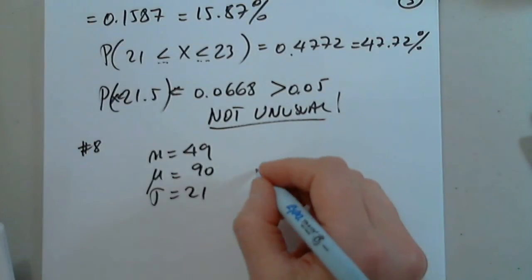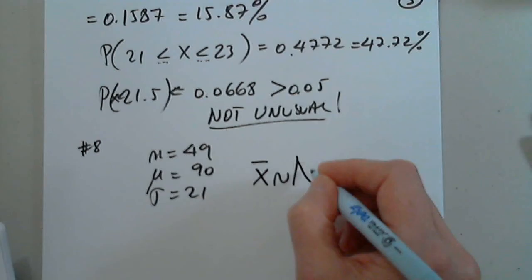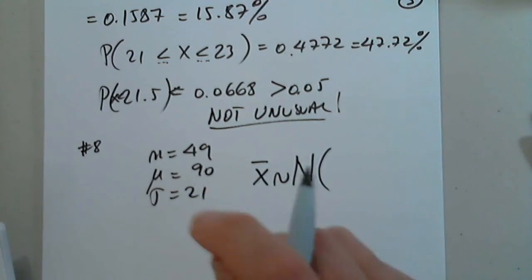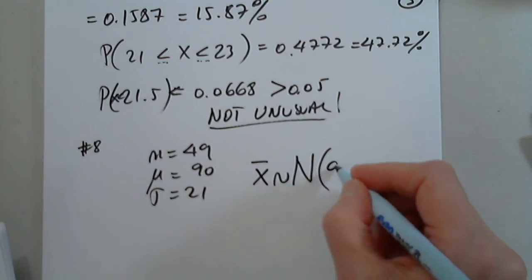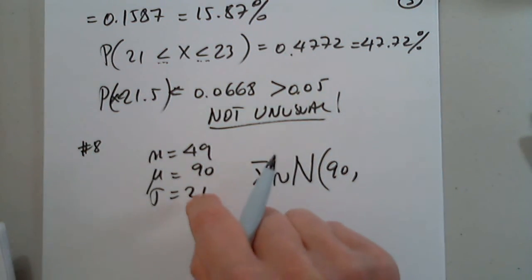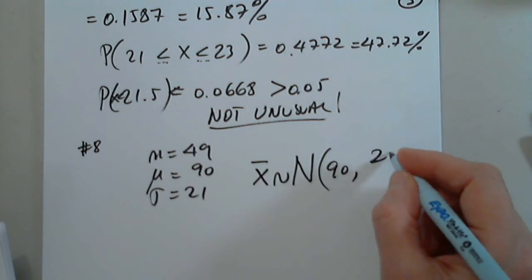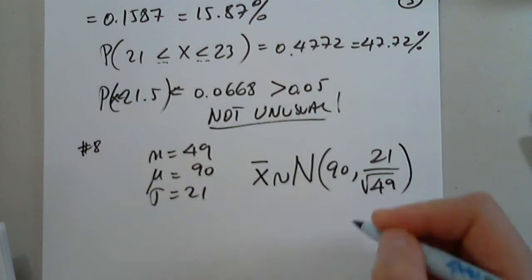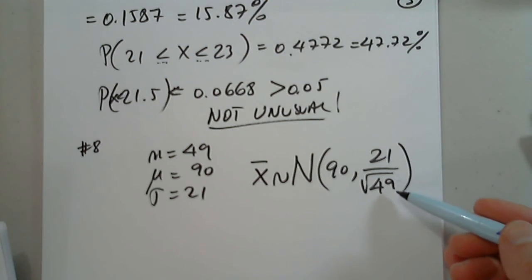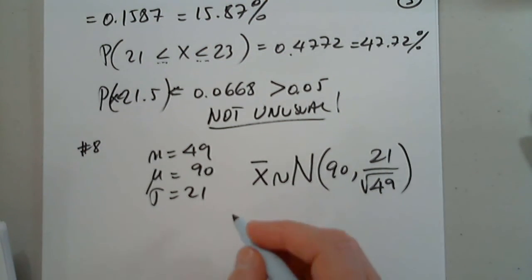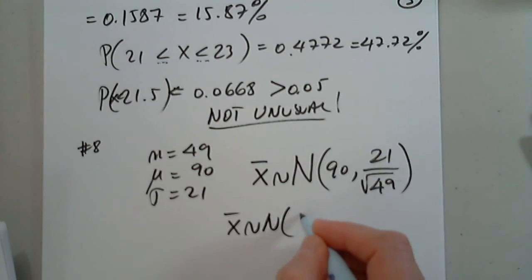Remember what we do immediately. X bar is definitely normal with the same mean, but the standard deviation is sigma over the square root of 49. The square root of 49 is 7, 21 divided by 7 is 3, so I can write this.